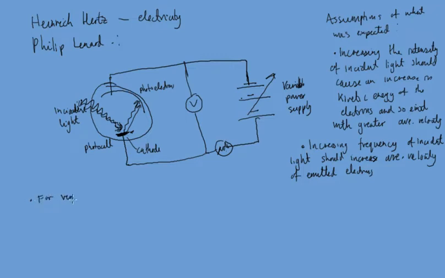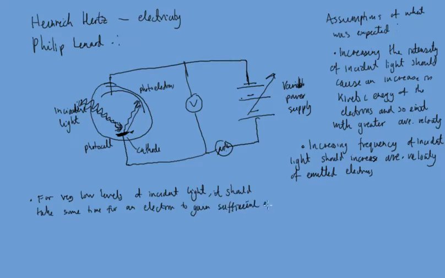And for very low levels of incident light, it should take some time for an electron to gain sufficient energy to be emitted.